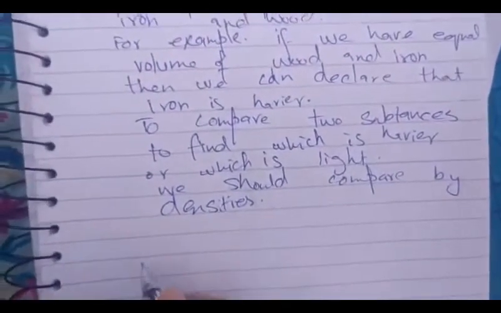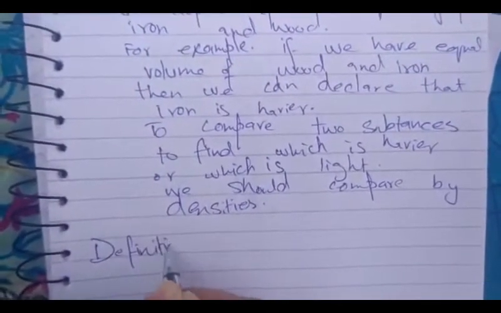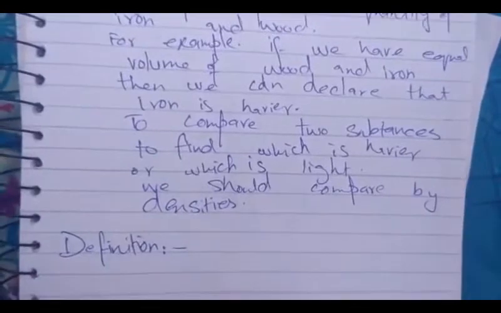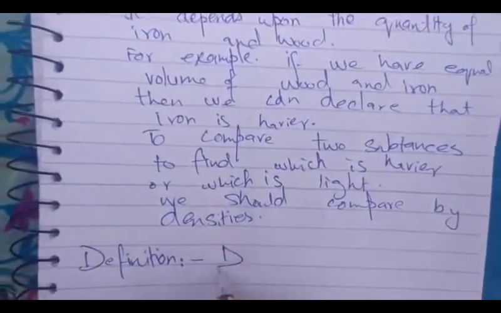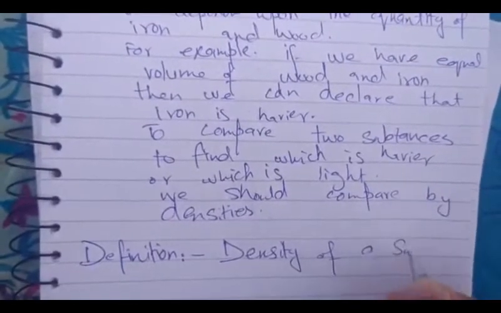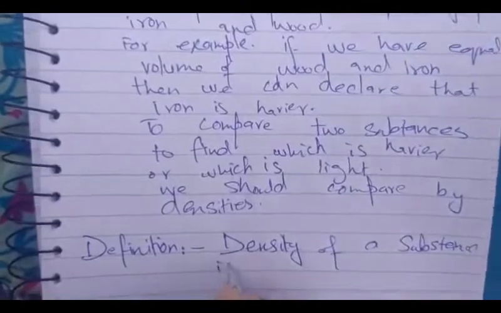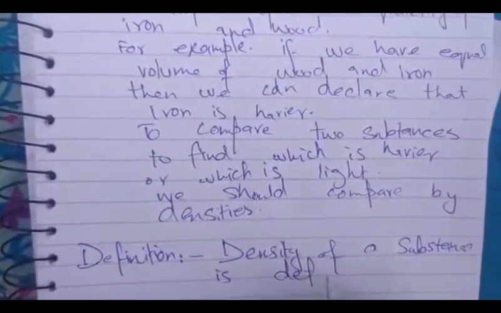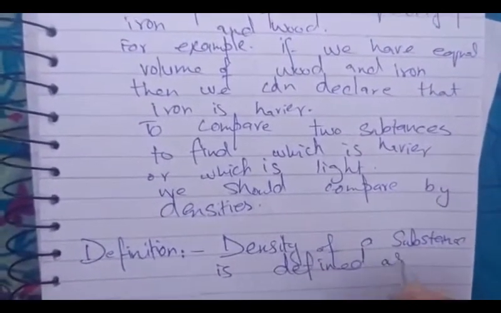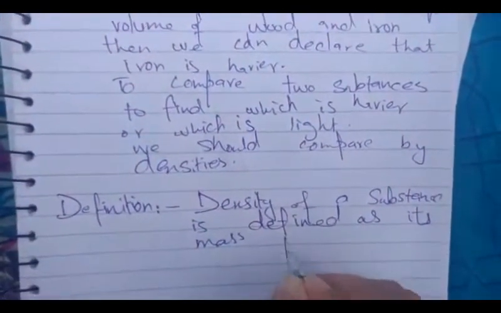So what is density? The definition of density is: density of a substance is defined as its mass per unit volume.